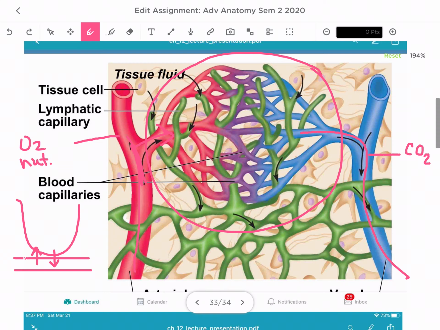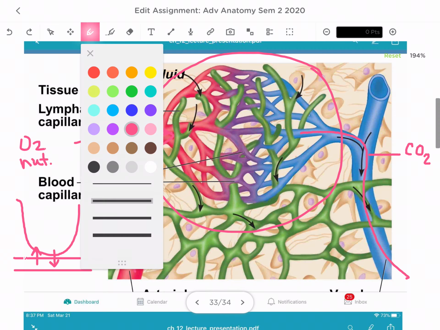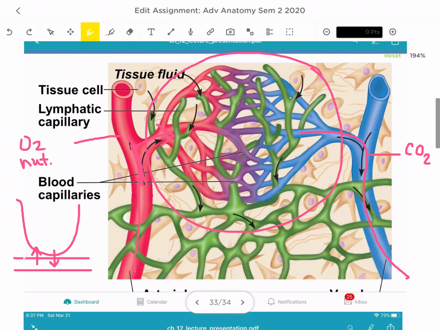The other thing that's happening is this blood, I need to change colors. Okay, this blood that's flowing through here is under a lot of pressure. And when it gets into these tiny capillaries, that's when the good stuff happens, like the oxygen diffuses out and the carbon dioxide diffuses in.